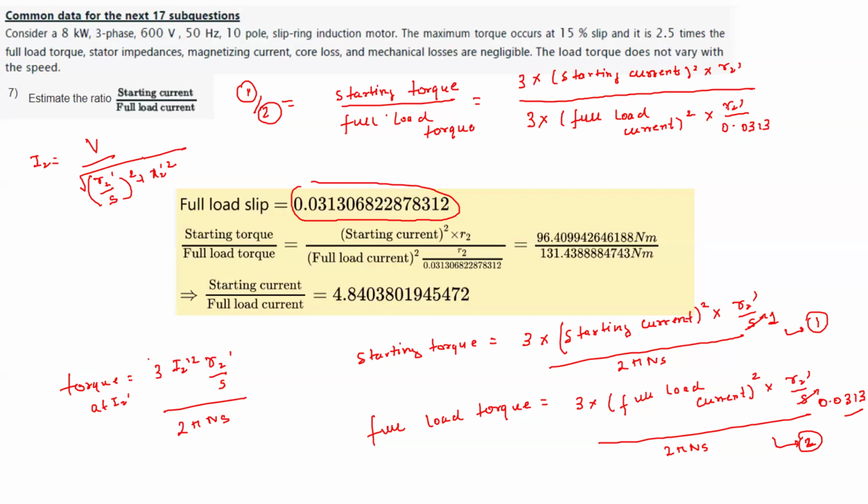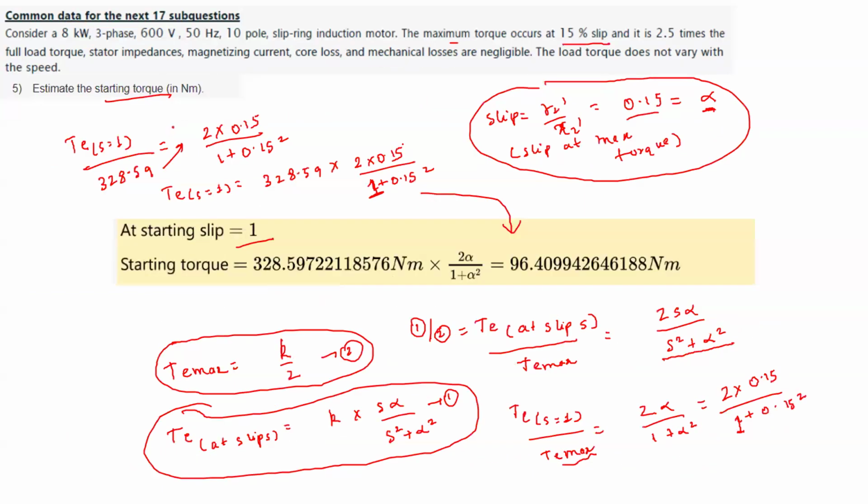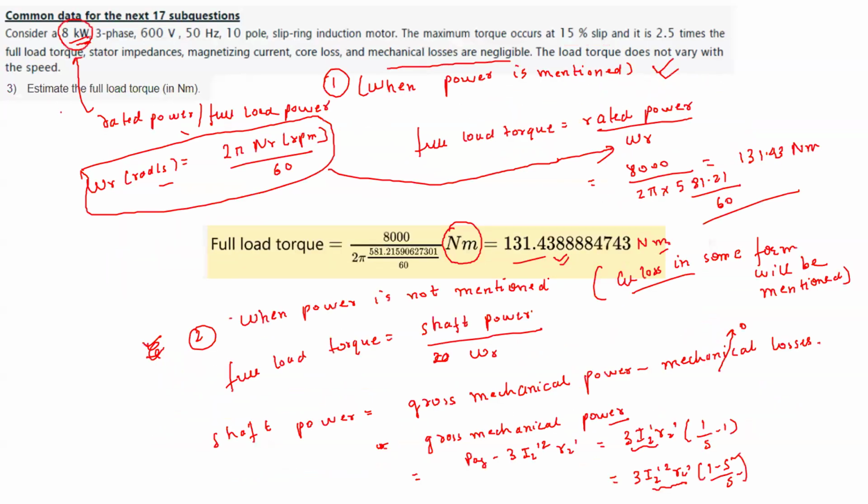You see that 2 pi ns is common in both, so if I take the ratio, 2 pi ns gets cancelled. The 3 also gets cancelled, and R2 dash also gets cancelled. Remember, the starting torque and full load torque we have obtained separately in the earlier questions. The starting torque is 96.41, and the full load torque we obtained as 131.43.